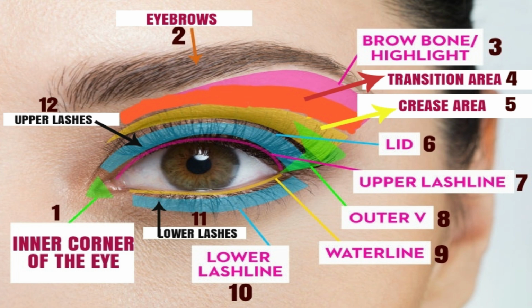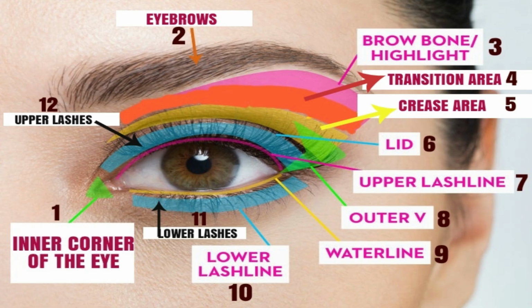Number 5, the yellow area. You can see that area with that yellow color just directly underneath the transition area. That is called the crease area. What do you do in the crease area? You apply your deeper shades, your deeper browns, your deeper purples, any deeper shade of color you have. You use the lighter shade in the transition area in number 4, and then in number 5, you are going to be using the deeper shades. Okay, now we go on to number 6.